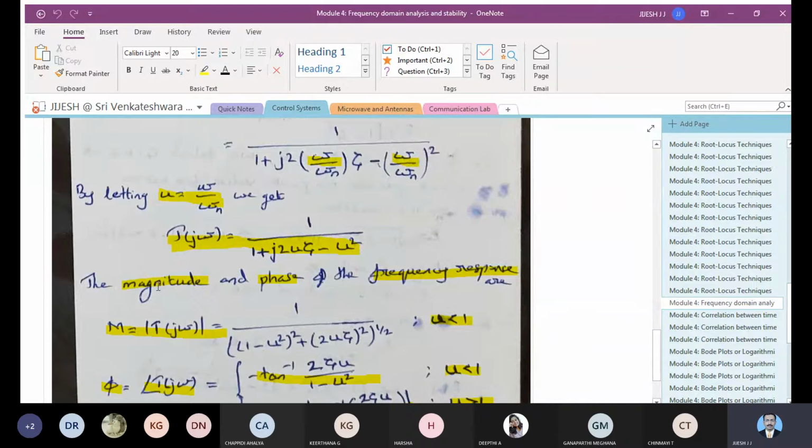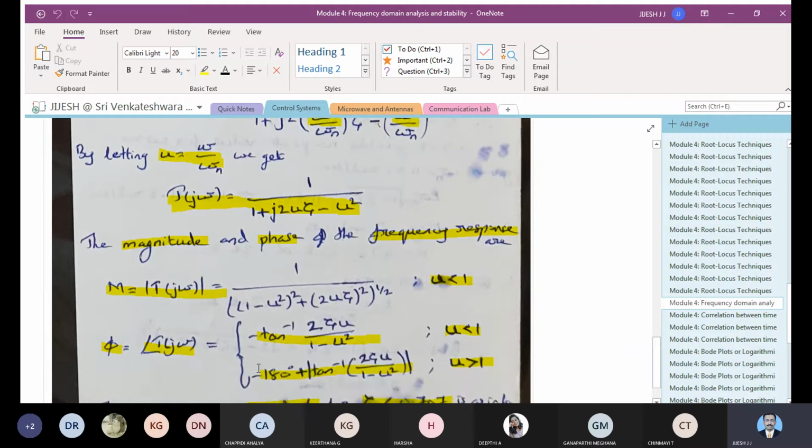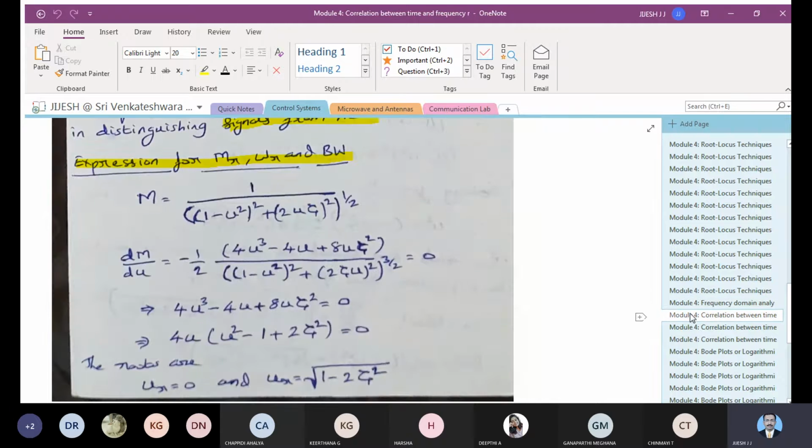This was the magnitude, and the phase we got in terms of tan inverse of 2 zeta u by 1 minus u square, and when u is greater than 1, it is minus 180 degrees plus tan inverse of 2 zeta u by 1 minus u square. We are going to use all these to find the expressions for MR, omega R, and bandwidth.